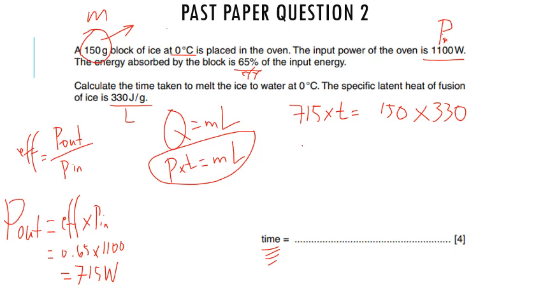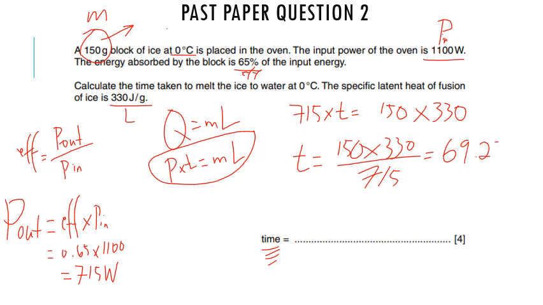So as you can see, the time will be 150 multiplied by 330 over 715. By the calculator, you get 150 times 330 divided by 715, and the answer will be 69.23 seconds.